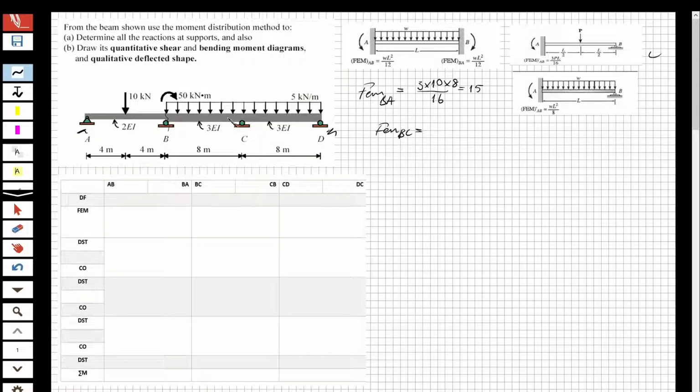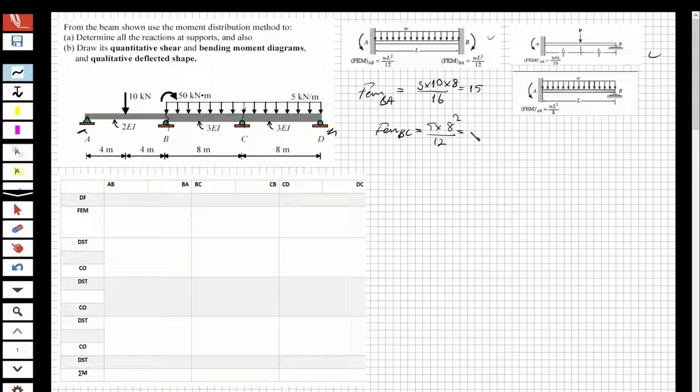What is the fixed end moment from B to C? We are going to use this formula, because look here, this will be fixed and this will be fixed, so it is calculated from this formulation. From B to C it is going to be wL squared over 12, where w is 5, multiplied by 8 squared over 12.